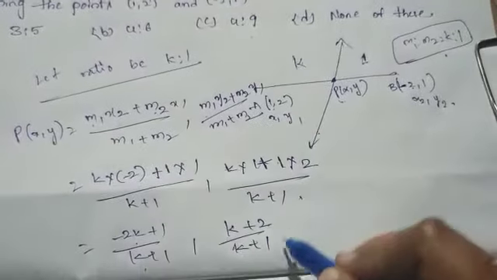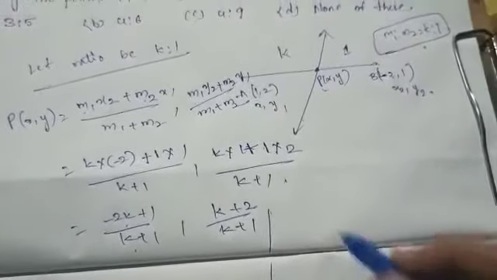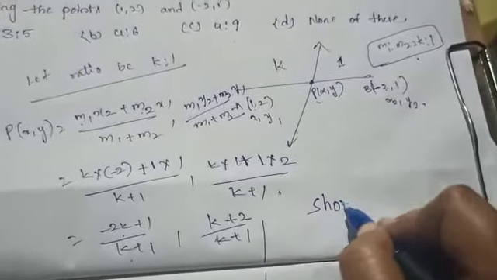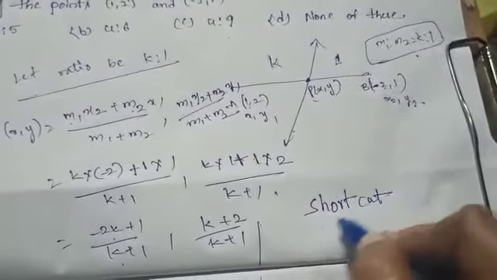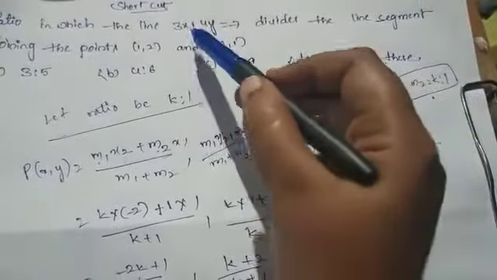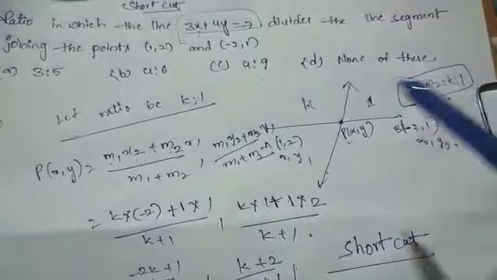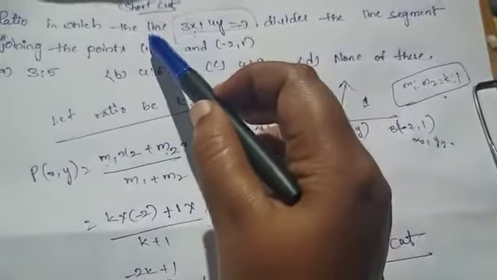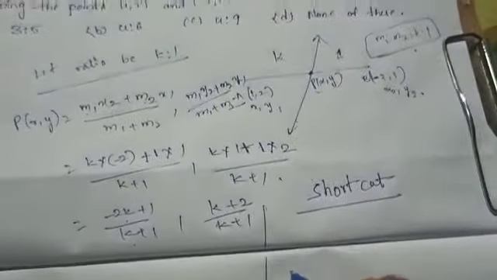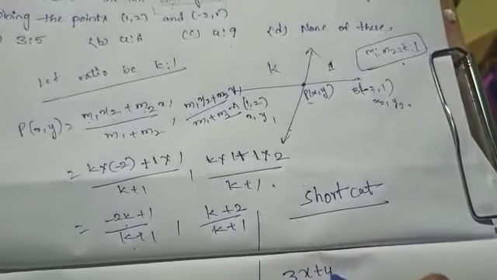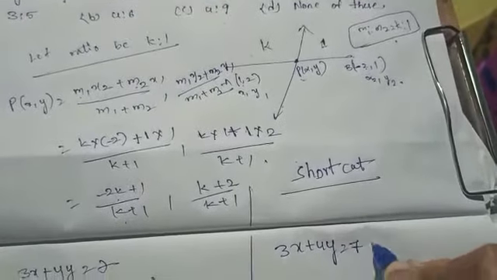Here we should use a shortcut. Here the shortcut is: see the given equation of the line, 3x + 4y = 7.